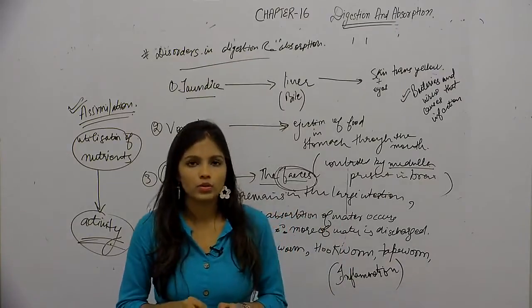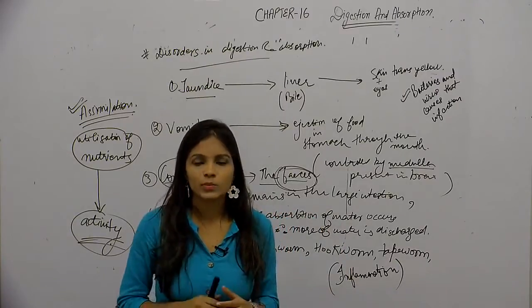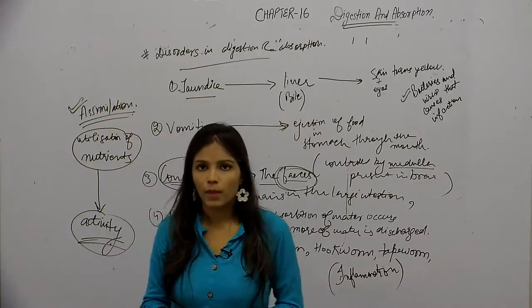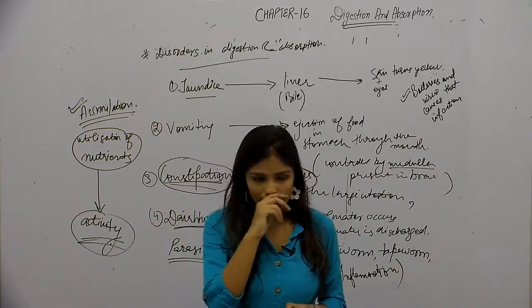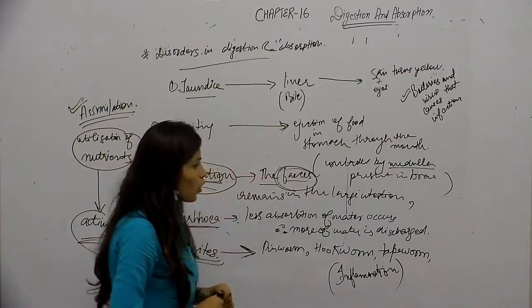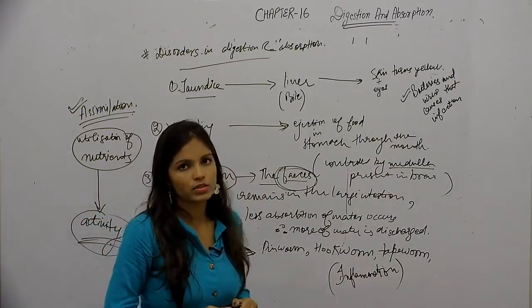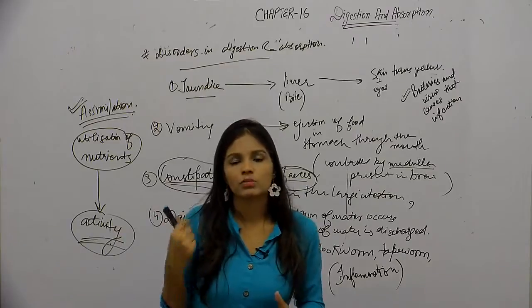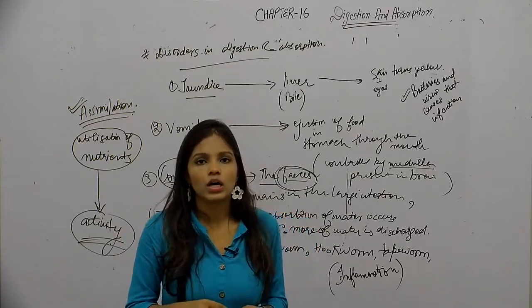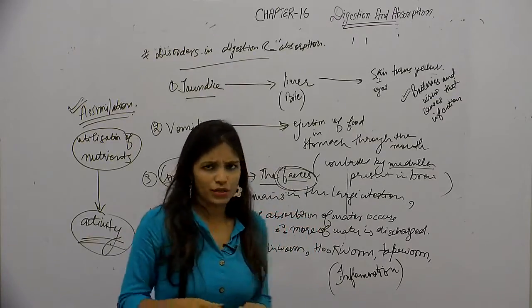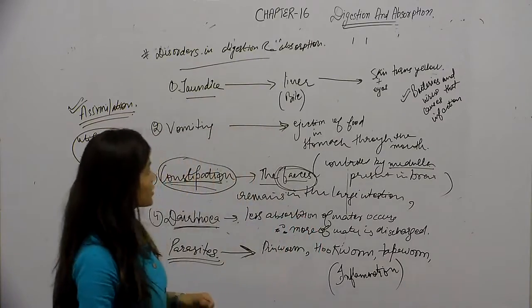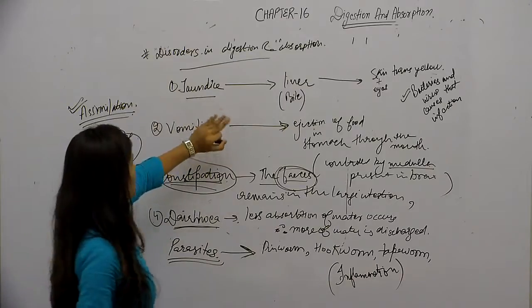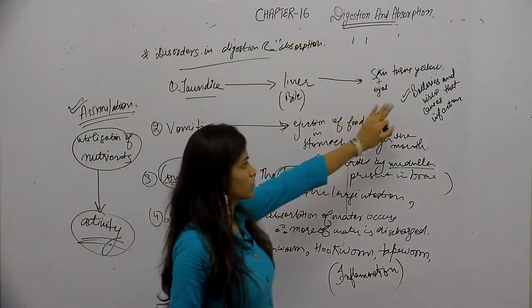It is very important to study the important terms which are marked in blue in your NCERT textbook. Also, for studying properly and remembering them properly, try to write down whatever you study in the form of tables or flowcharts, as I have made here, like jaundice, then liver, then skin turns yellow.